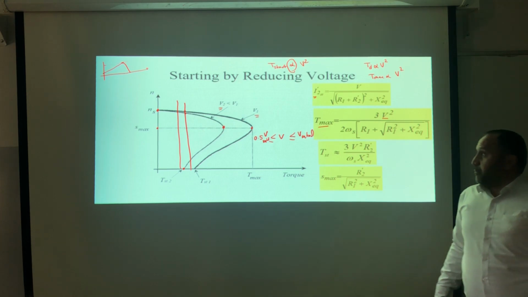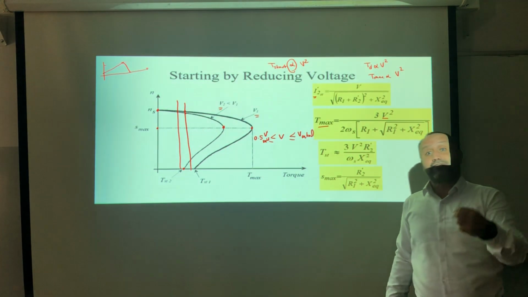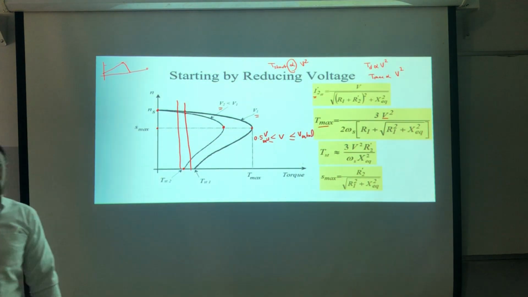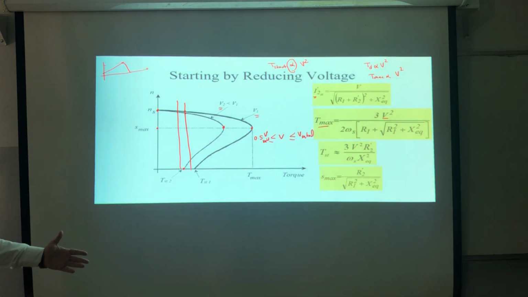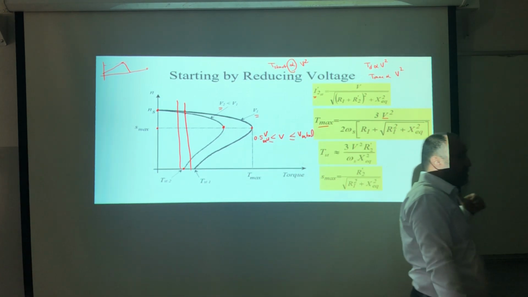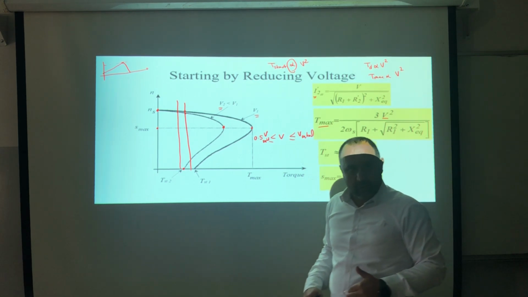Good. But someone will say, what about if I'm having class D? Class D machine. In this case, yes, this machine can be used. Class D has a wide speed region, so I can control the speed in all the region using the stator voltage control. And here the speed is controlled below the rated speed.